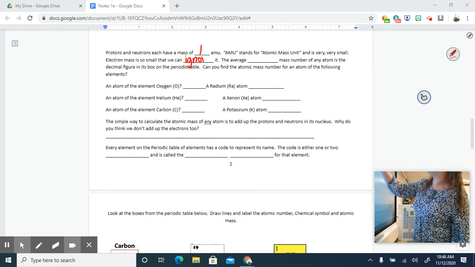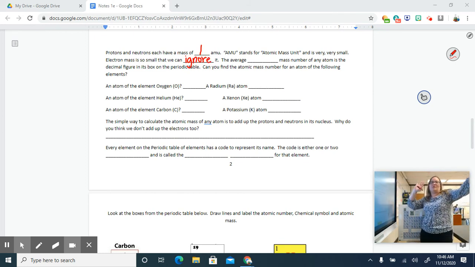Now, if we were in class, I would be like, hold up, hold up. How stupidly wicked small is a proton and a neutron? And someone would be able to explain it to me some kind of way. And then I would say to you, okay, well then how stupidly, abnormally, crazy, nonsensically small must an electron be to just be ignored?